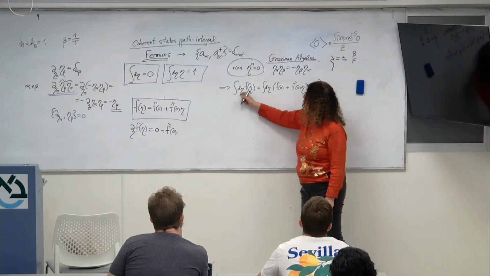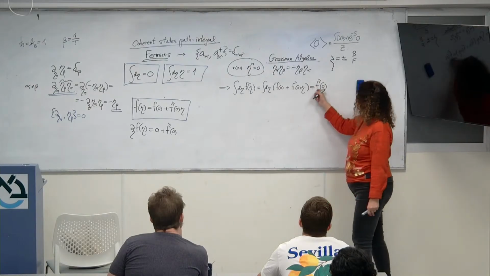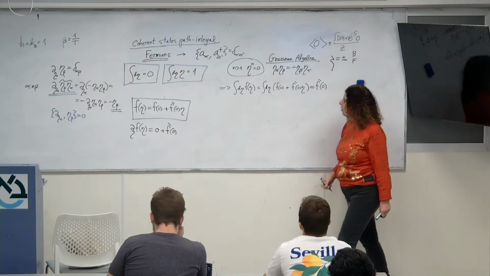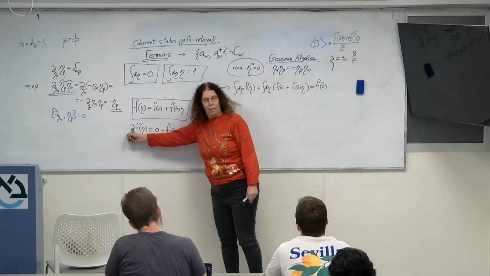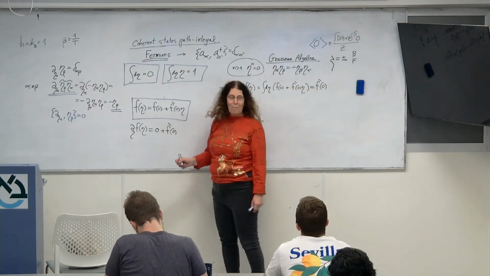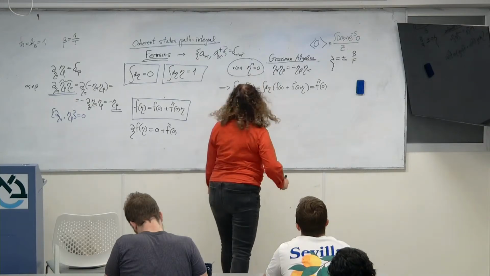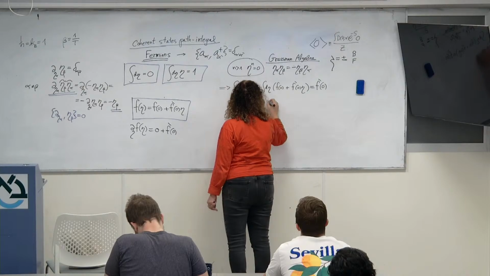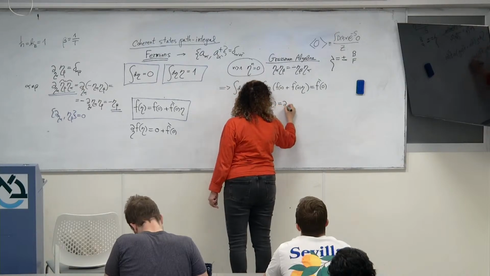An integral over f gives you f prime at 0. A derivative gives you the same. So the integral and the derivative are the same.